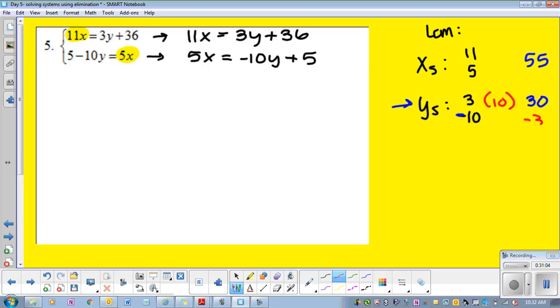Because this one has to be negative 30, right? 3. So this bottom one, I need to multiply by 3. So there we go. I set it up for myself. The top one, multiply it all by 10. The bottom one, multiply it all by 3. Okay, I want you guys to distribute it, and then I'm going to just write it down here.